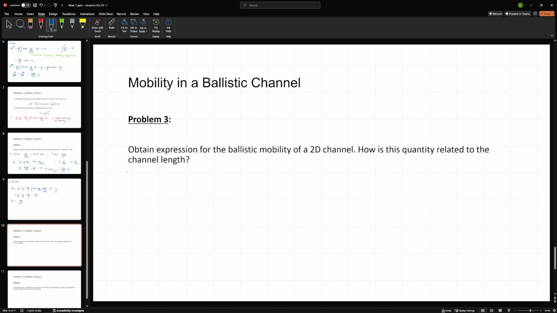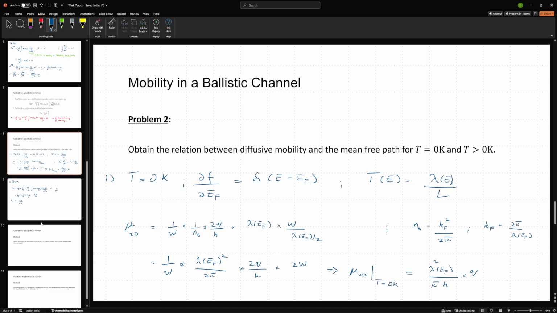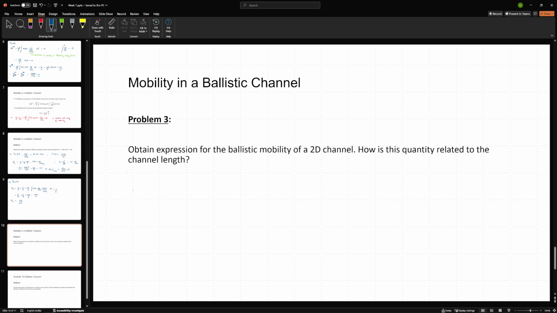Oh, the ballistic mobility. So this was the diffusive mobility. Now we need the ballistic mobility. Again, for the ballistic mobility, we are going to use the same analogy, because what we should remember is that there is no such idea of ballistic mobility for an electron, because we are considering quantum mechanical transport when we are considering ballistic transport.